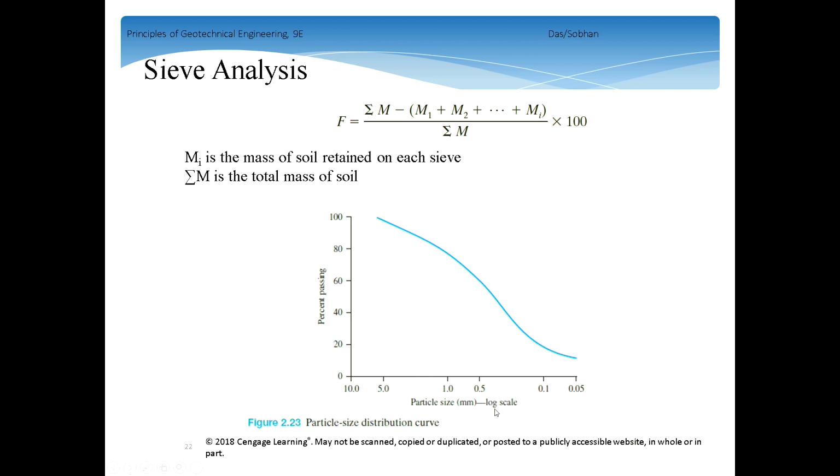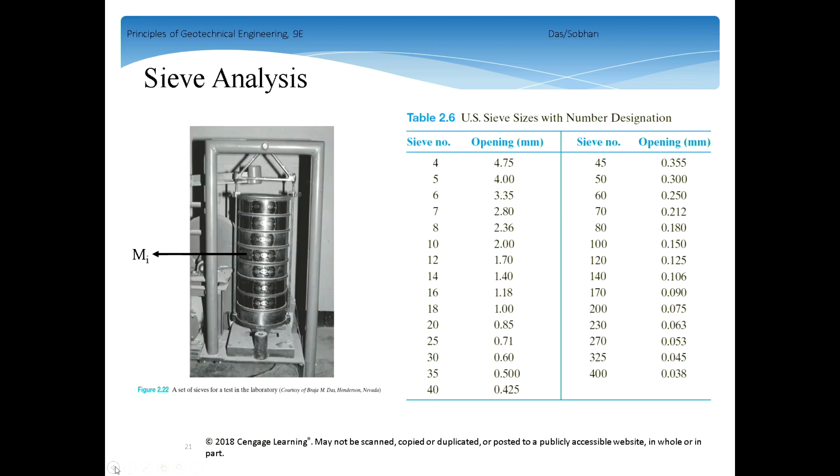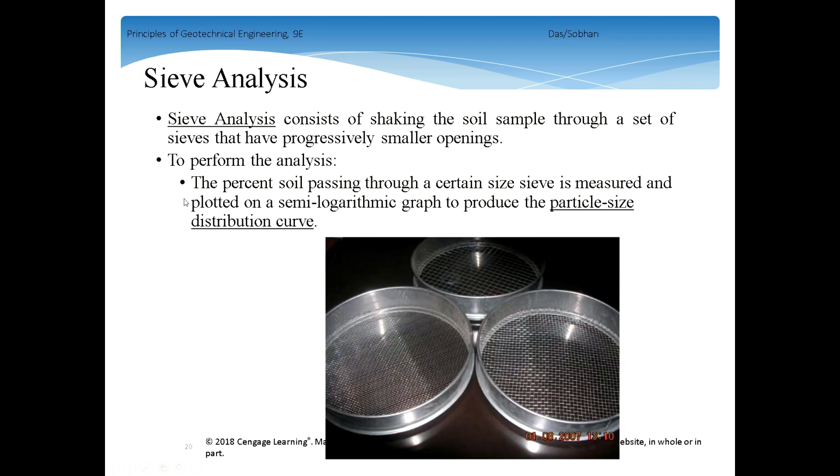After the sieve analysis, the percentage passing can be calculated from the mass of the soil retained on the sieve, right?